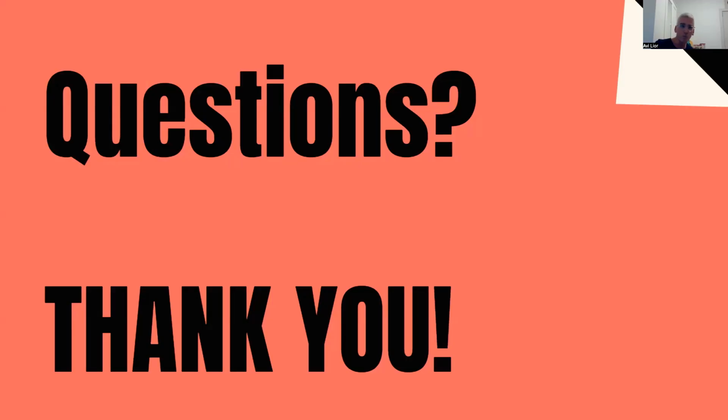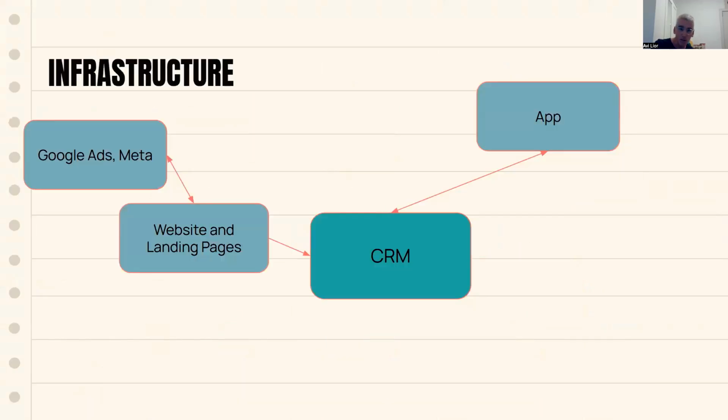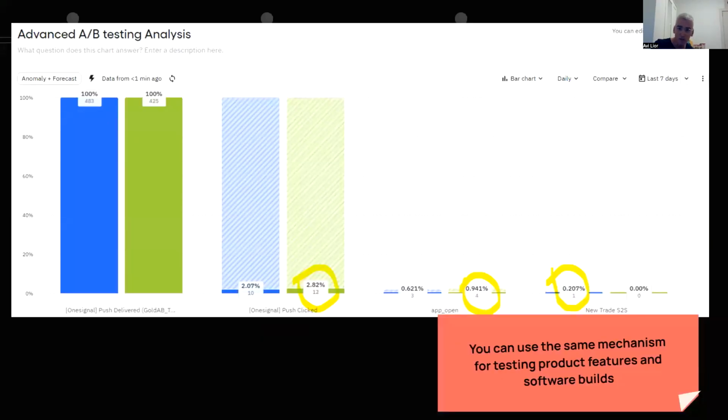And I'll go back to one thing that I didn't mention here in this slide, and this is something that is very important. When I check the funnel report for A/B testing of the marketing automation, I can do the same thing with exactly the same mechanism for testing product features and software builds.